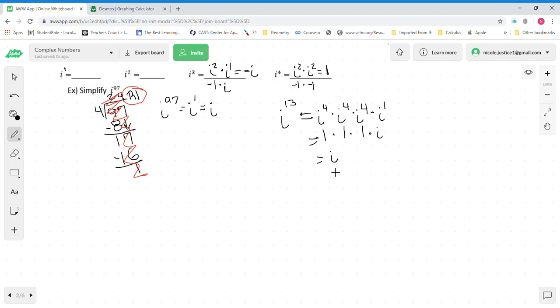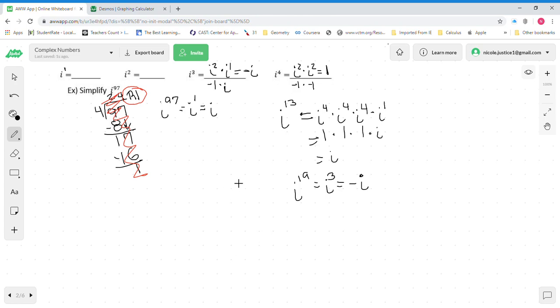So that's how we have just i. And you could have gotten that if you do 13 divided by 4, you have a remainder of 1, so that's just i to the first. If I were to give you i to the 19th, when you divide 19 by 4, you get a remainder of 3. So i to the 19th is the same thing as i to the third, and i to the third is the same thing as -i.